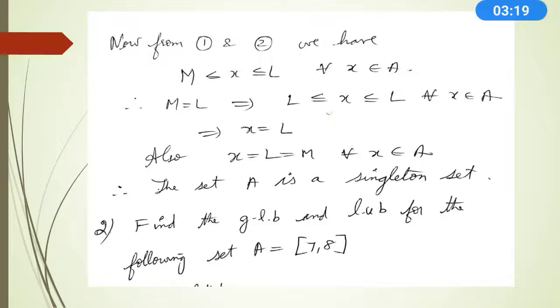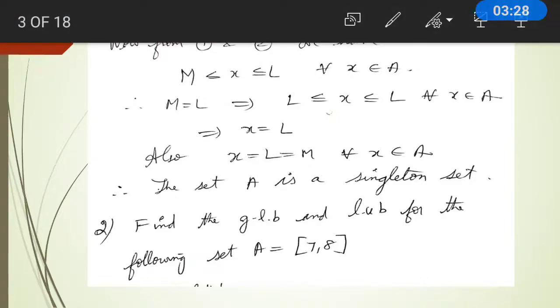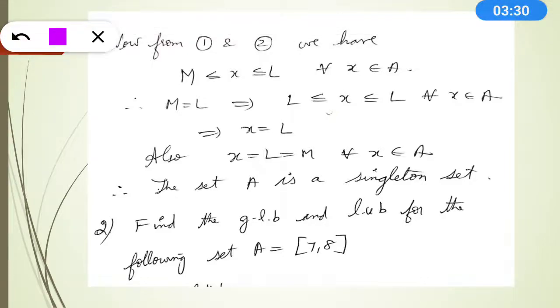From this what can I say? We know the least upper bound and greatest lower bound are equal, as given in the problem statement.